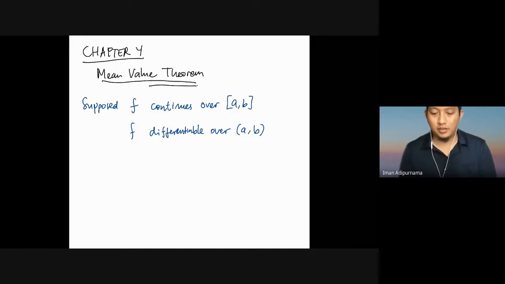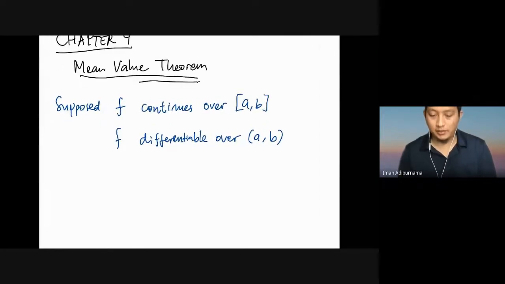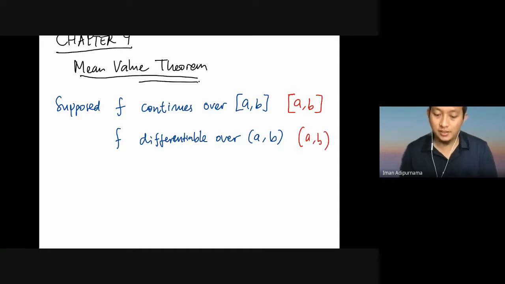You notice that I write different intervals. The first one has the closed interval like that, and the second one has the open. I hope you know why. Do you know why? It refers to continuity and differentiability.